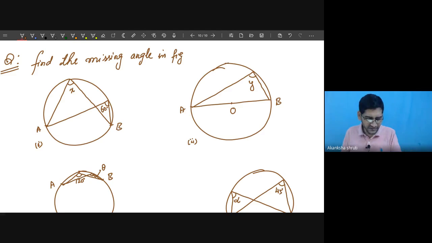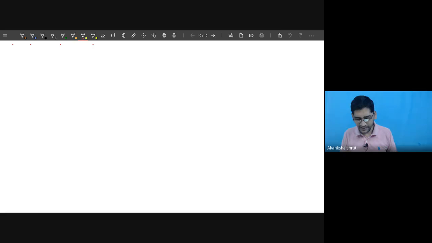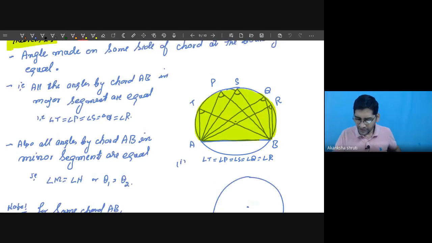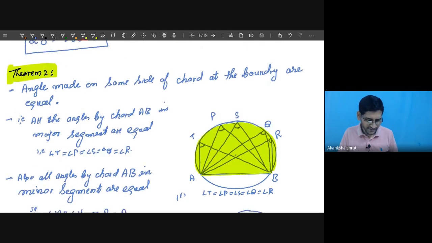So what is that condition here? Here our chord is AB, and we are observing that the angle is made on the same side. So the rule is this one. For the same chord or the same arc, the angles are always equal.